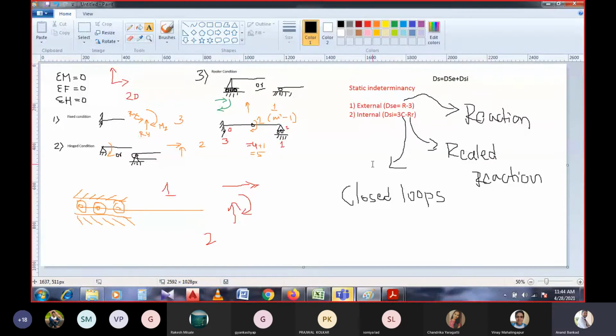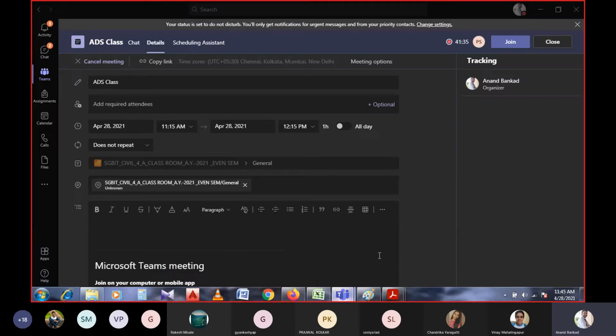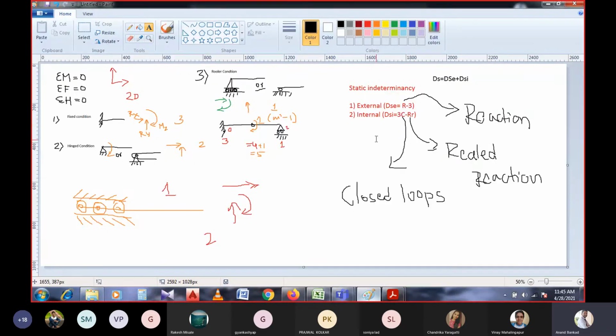So this is about the external as well as internal statical indeterminacy. In this discussion, we have discussed how to calculate the number of reactions R for different kinds of supports, and C is the number of closed loops.